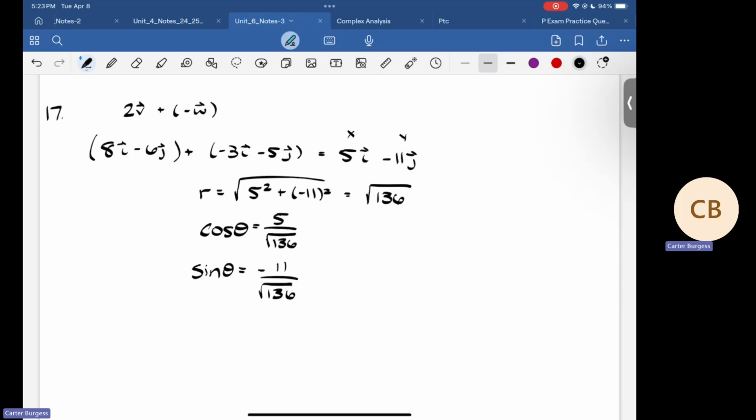And since these are not unit circle angles, what we need to do instead is construct the appropriate inverse trig statement. In this case, positive x, negative y tells me that this should be in quadrant 4, which tells me that I should use arc sine. And so for theta, I get the arc sine of negative 11 over the square root of 136.